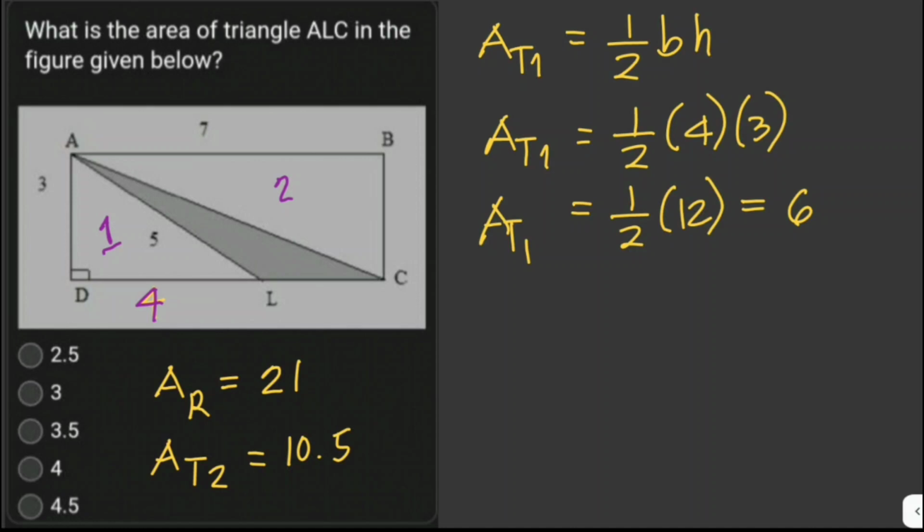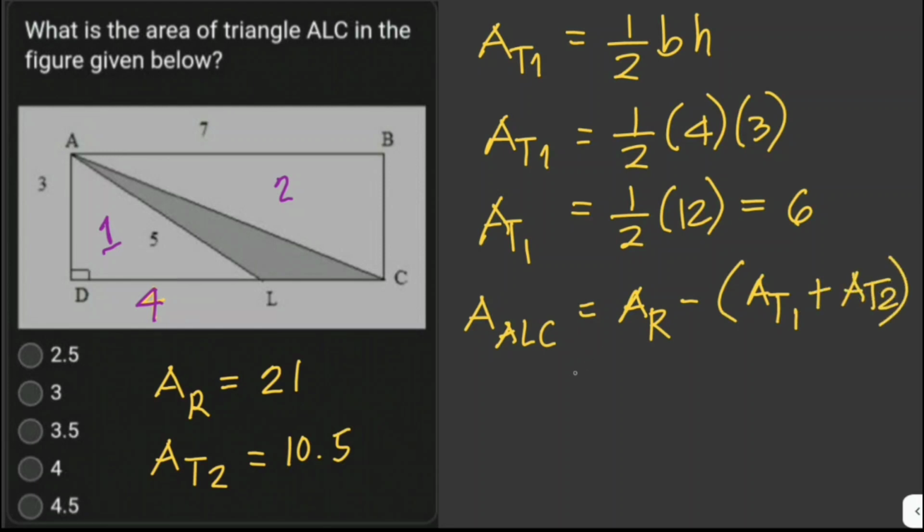So now we have the area of the rectangle, the area of triangles 1 and 2. So we can now solve for the area of triangle ALC, and that would be area of triangle ALC is just area of the rectangle minus the sum of the area of triangle 1 and triangle 2. So you just plug in all the values here.